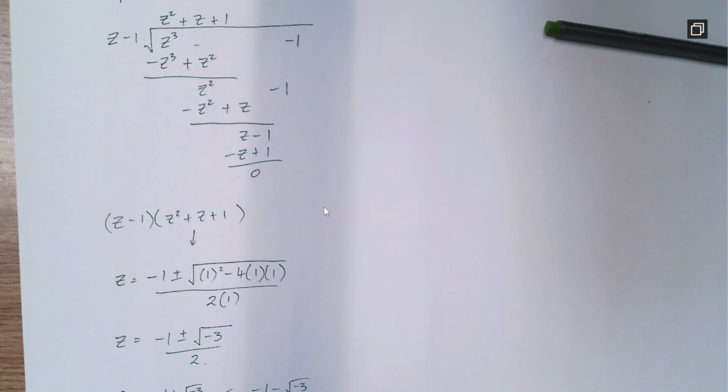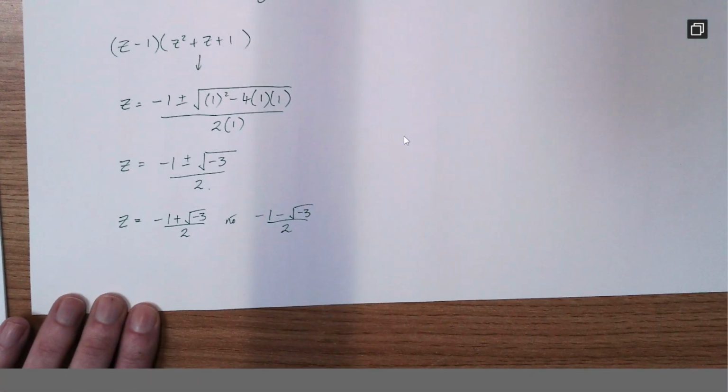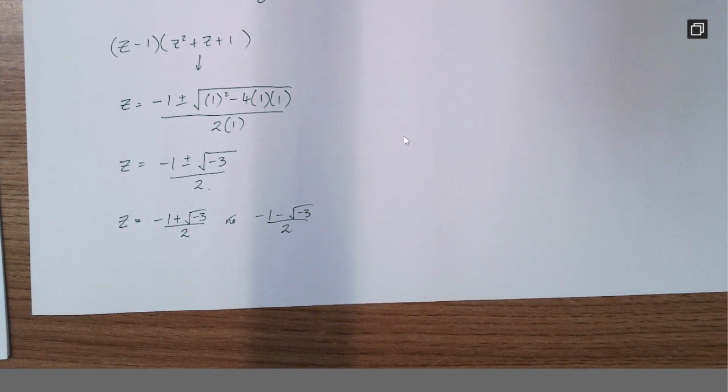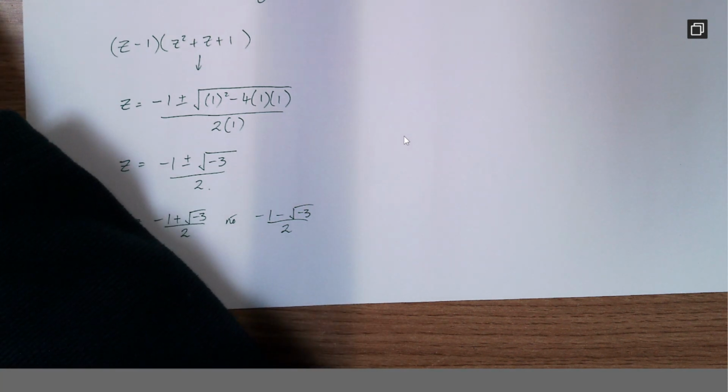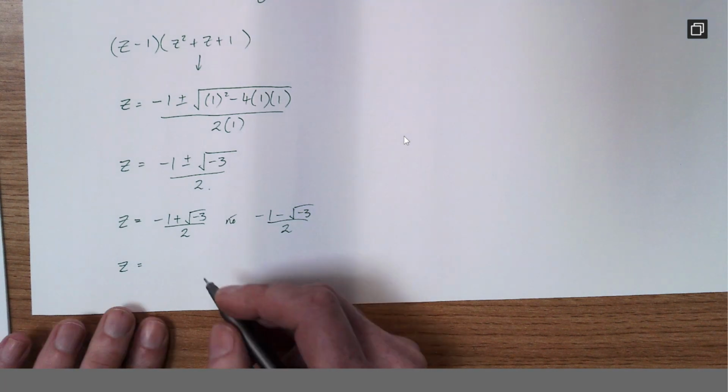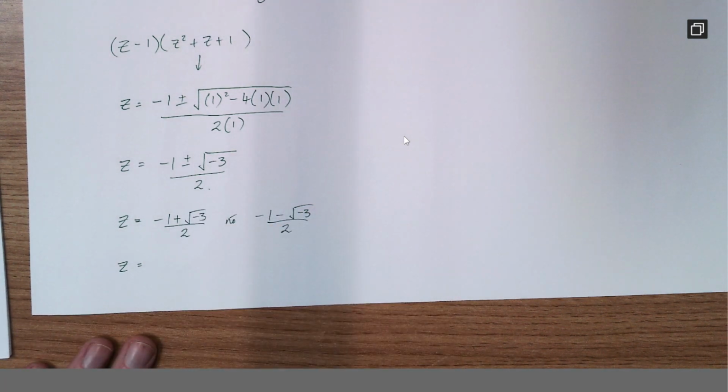Now, if you take the square root of minus 3 on the calculator, you get a math error, because it's a complex root. We give the answer in the form a plus bi, so the square root of minus 3 is i times the square root of 3.